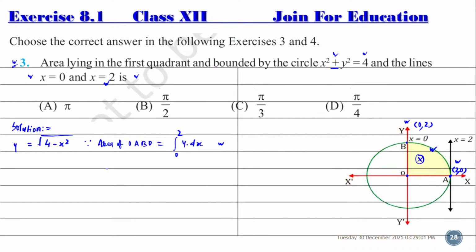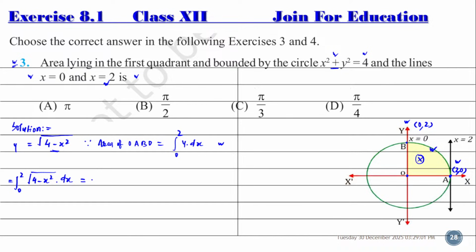Now putting the value of y, then we get here 0 to 2, and we write down here the value of y is square root of 4 minus x square into dx.